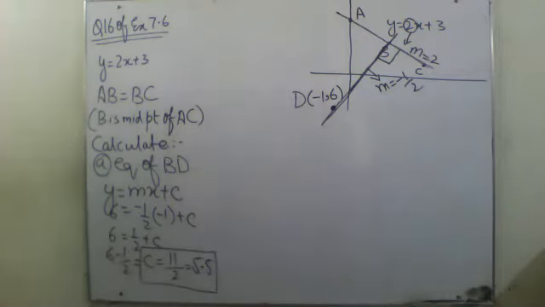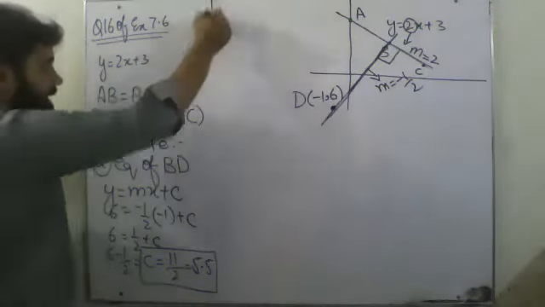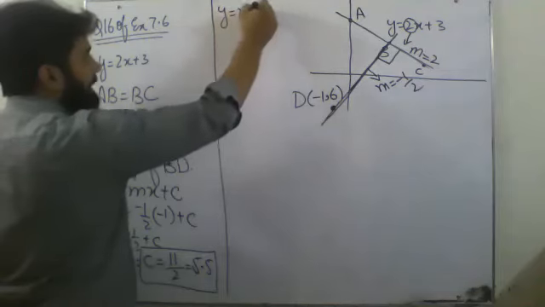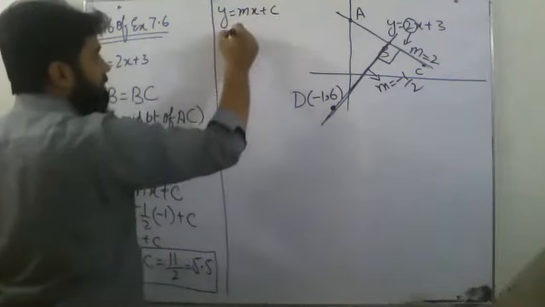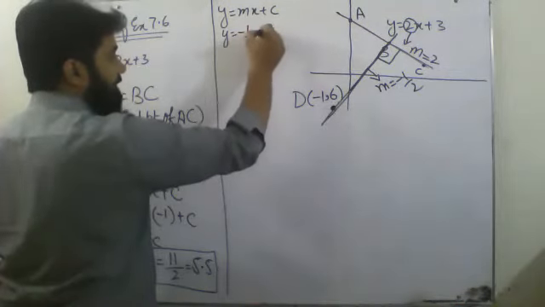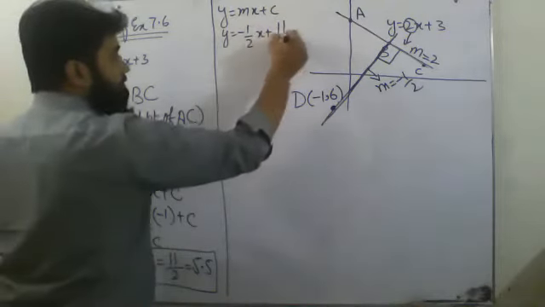So the equation of the line is y equals mx plus c. What was my m? My m was minus half, times x. c was 11 over 2.